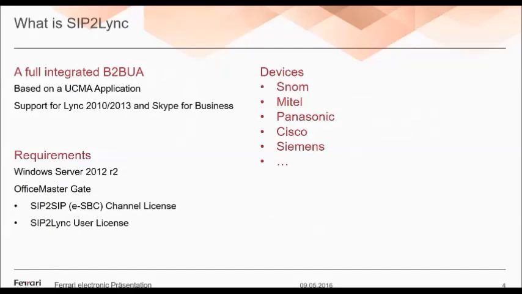What is SIP2LYNC? SIP2LYNC is a fully integrated B2BUA, back-to-back user agent. So what we say here is we have one connection to your normal SIP device and we have one connection to the Microsoft environment. And we translate everything between.